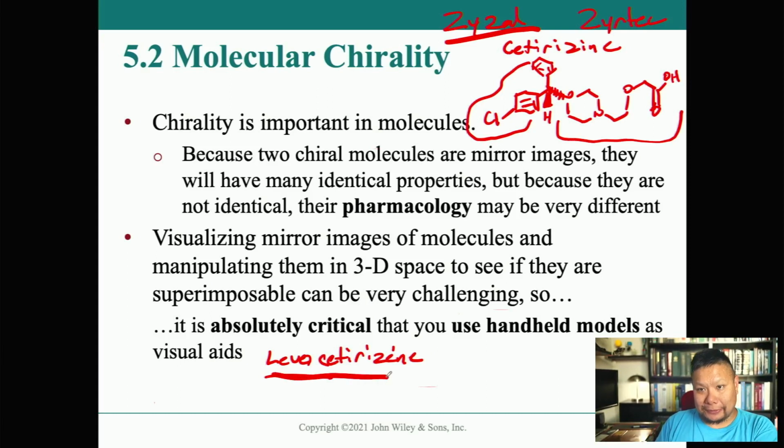Same exact molecule as cetirizine, except for this. The chiral carbon here, the one that's not symmetrical, that makes it what it is, that carbon right there. That's the chiral carbon. The one that has the benzene on it, and the chlorobenzene on it, and the nitrogen ring on it, and a hydrogen.